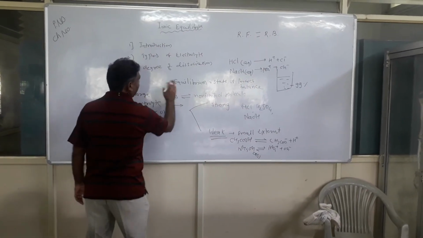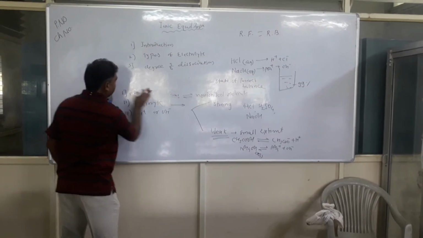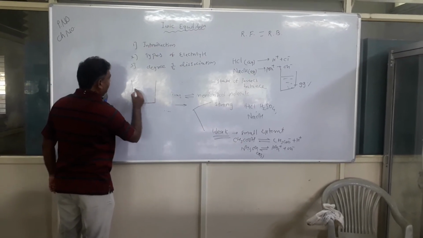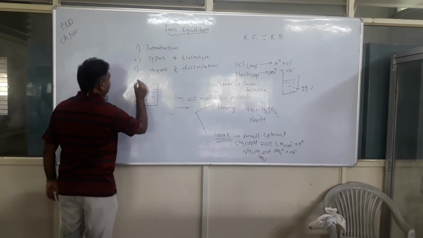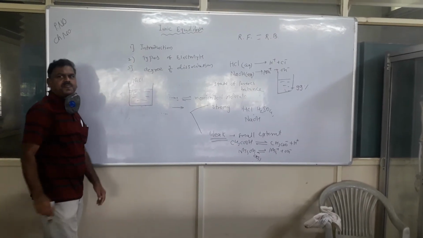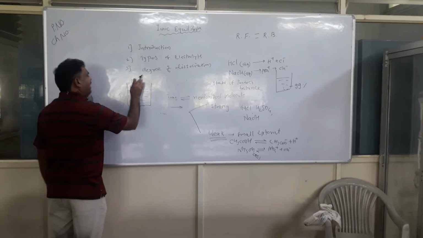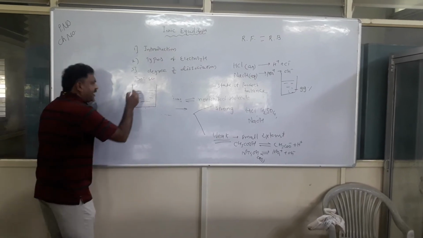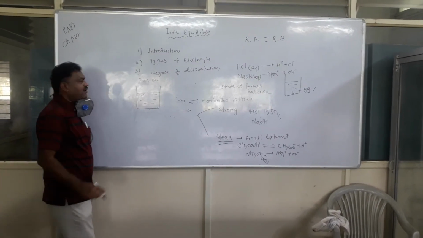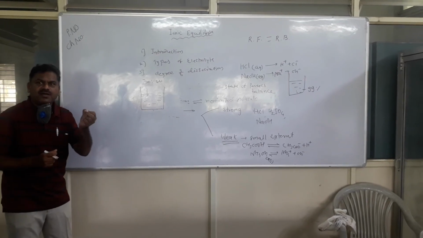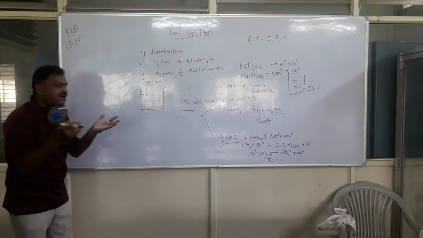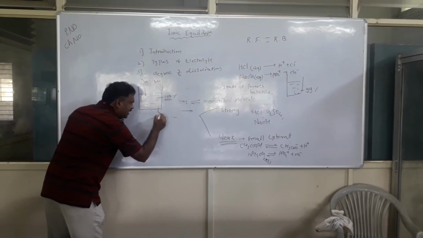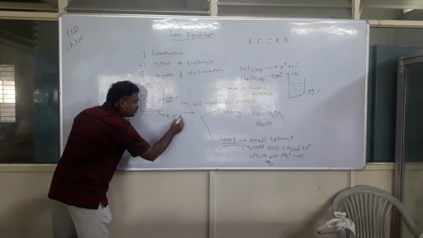Now, for example, let us consider one container which contains one electrolyte, suppose NaCl, or another one, suppose X is the electrolyte. How much dissociates? A small fraction. Fraction means out of 100%, only 2 will be dissociated.